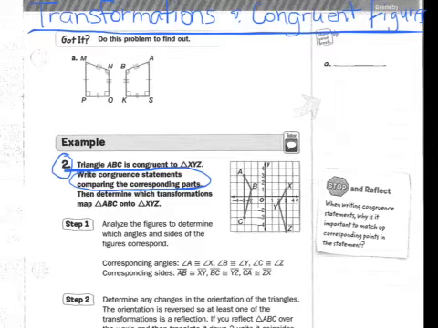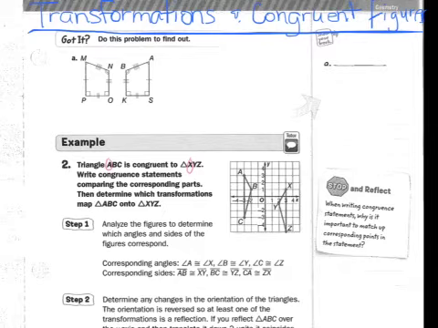So to write the congruent statements comparing the corresponding parts, it's important that you really don't want to look at the picture to be able to do this. The easiest way to write your corresponding parts is to look at the directions. So if we take a look at our directions here, we can see that A is the first letter in the first triangle, and X is the first letter in the second triangle.